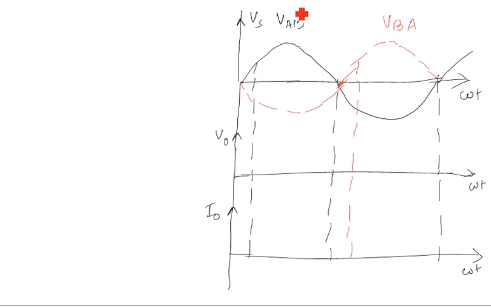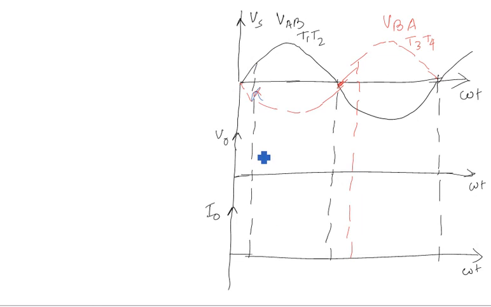VBA is the negative of Vs. During the positive half cycle, the two thyristors that can conduct are T1 and T2. For the negative half cycle, the two that conduct are T3 and T4. Let us suppose that this is my alpha. Here we give the firing to T1 and T3.